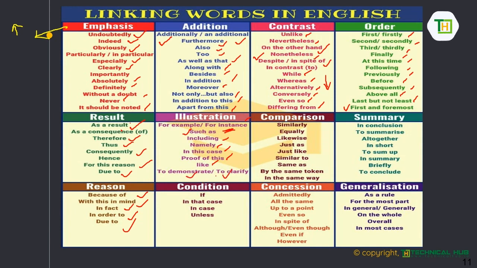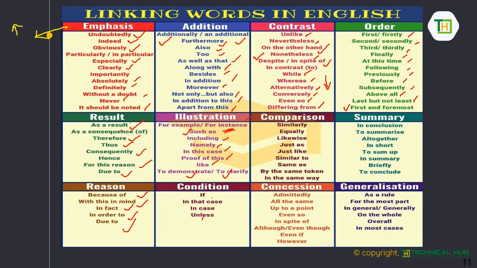All this. Why don't you use this? Always don't use the same for example. You use something else. For instance, okay, in this case, proof of this. Use a different one. See, variety is the spice of life, boss. So use the variety one.